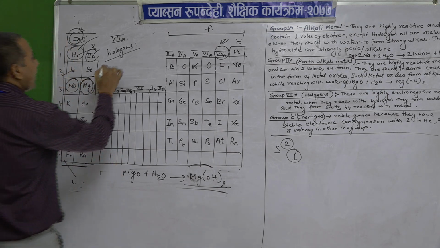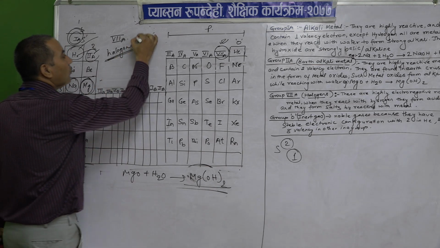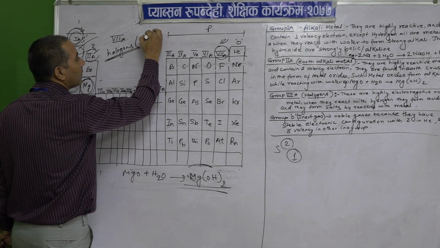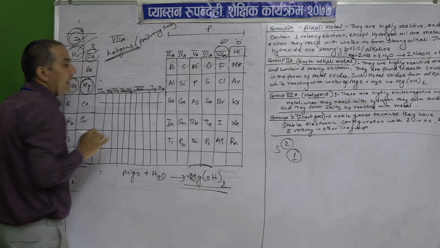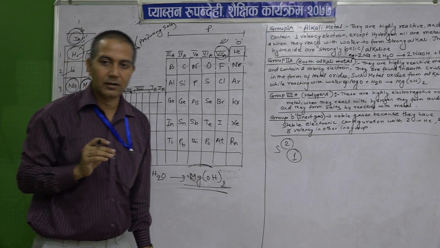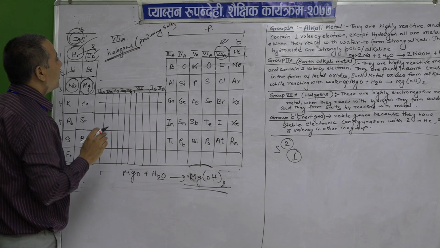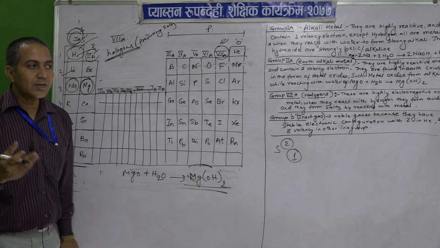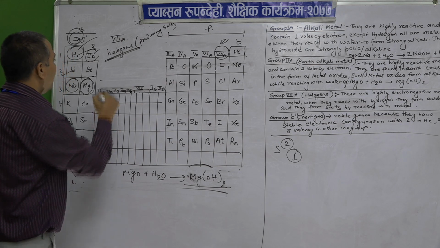And why are they called halogens? The word means salt producing. Halo means salt. It is a Greek word, halo means salt. So halogens are those elements which react with acid or metal.